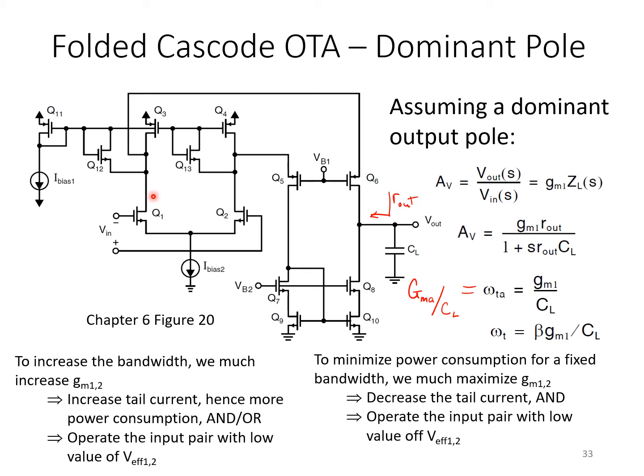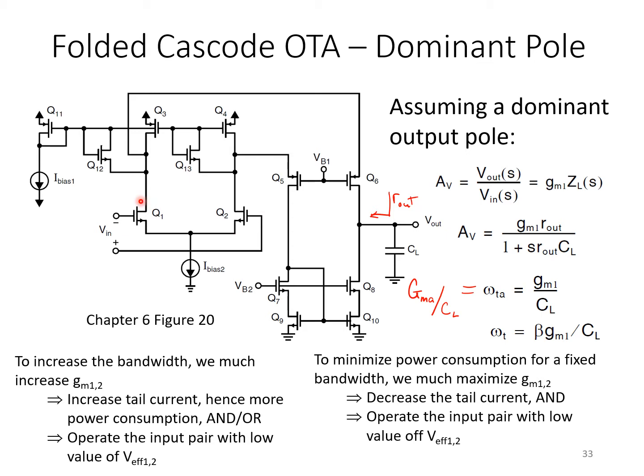That'll allow us to get our needed gm with the lowest possible current consumption. So we see that in any case, whether we're trying to maximize bandwidth or minimize power consumption, it seems to be in our interests to bias this input diff pair with a low value of Veffective.